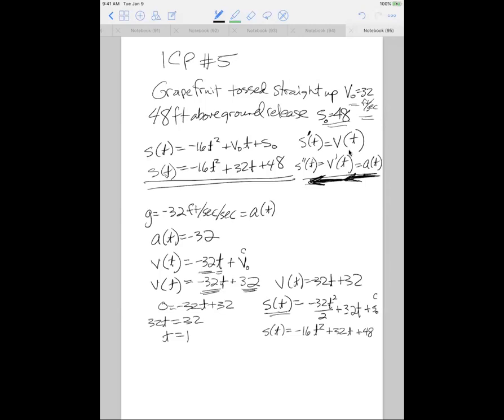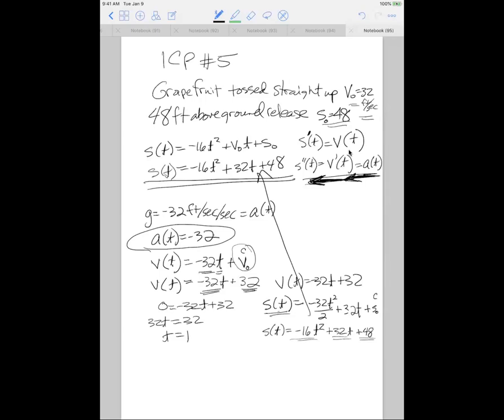So we started with the acceleration due to gravity, backed up through the constant term that was added for the initial velocity, 32, and then the antiderivative of that took us up to the position function, which is negative 16t squared plus 32t plus 48.